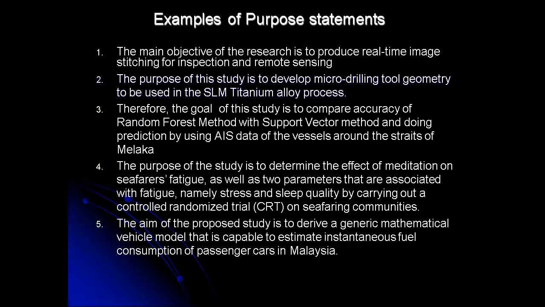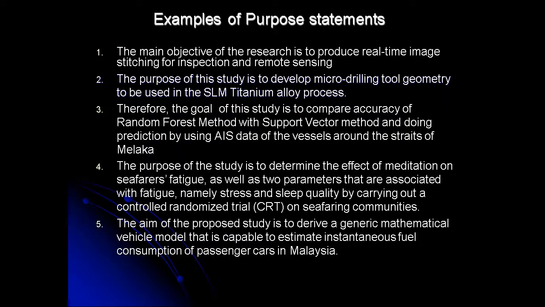You see some examples that people use here. One guy used, the main objective of the research is to produce real-time image stitching for inspection and remote sensing. Sometimes people use main objective, although I don't recommend it, because he has the main objective and then he has the objectives. The main objective is the purpose or the goal or the aim of the study. If I were to ask you, can you identify what is the problem statement of this guy from his purpose statement?